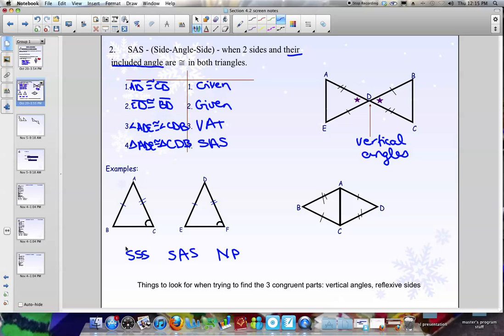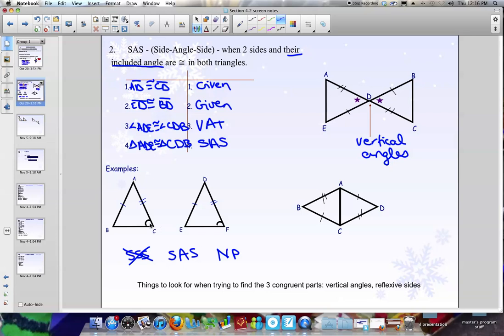Since I'm not given all three sides, it's not going to be side, side, side. My next option is using an angle between my two sides. As long as the angle is included between my two sides, then it is okay to use side angle side as your reason.